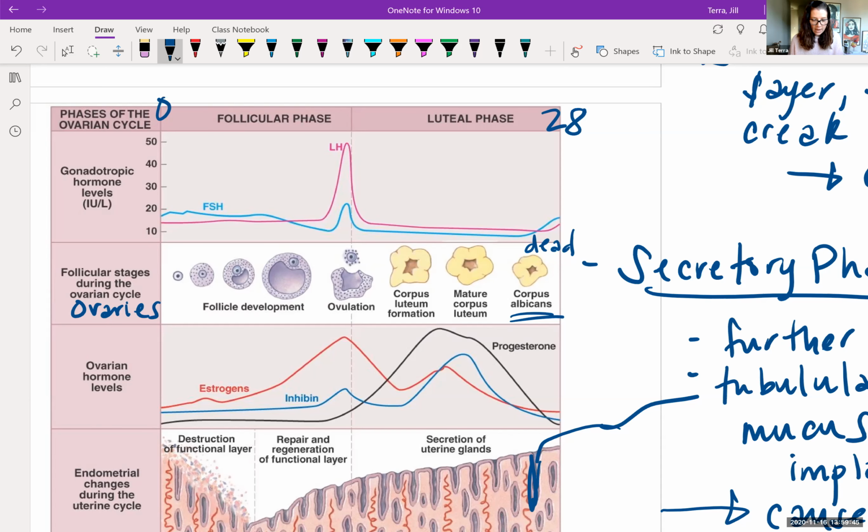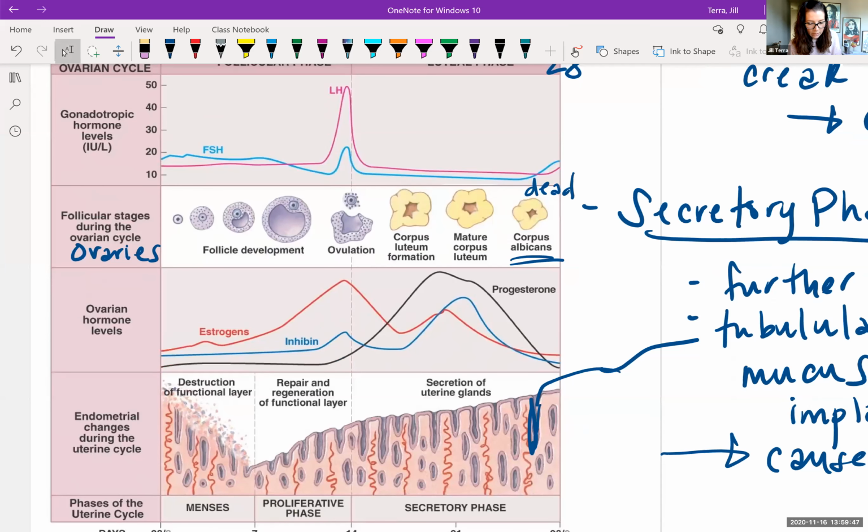At the end, what's neat is that now we're looking at the ovarian hormone levels. We've got estrogens, we've got progesterone. We haven't talked about inhibin yet; I will talk about that. What's cool is that these hormones are going to the endometrium of the uterus, and we can see what's happening to that endometrium and the stratum functionalis during the course of this cycle.